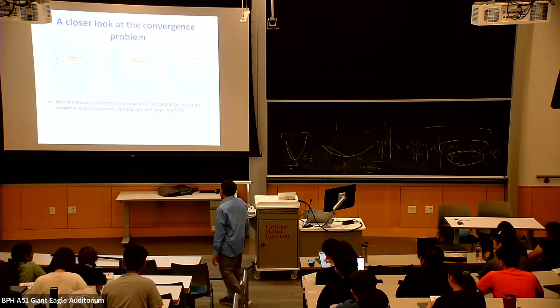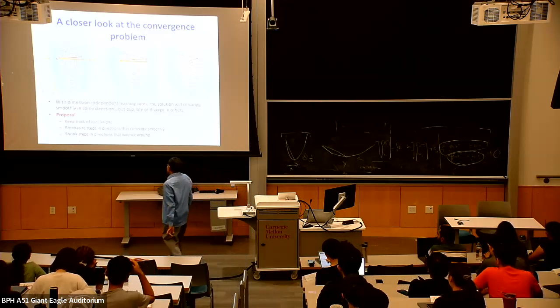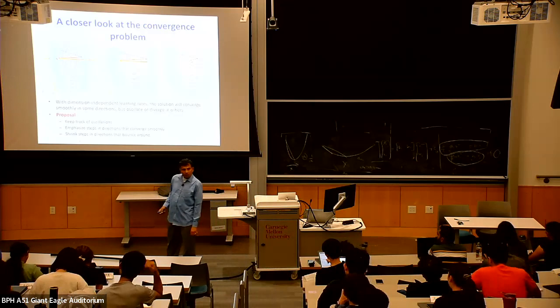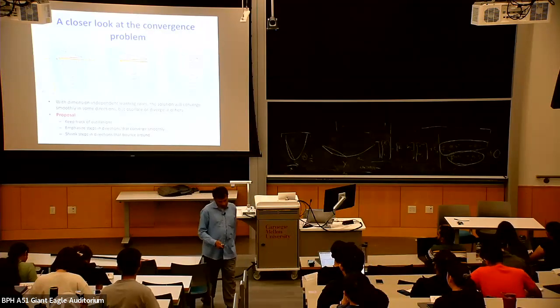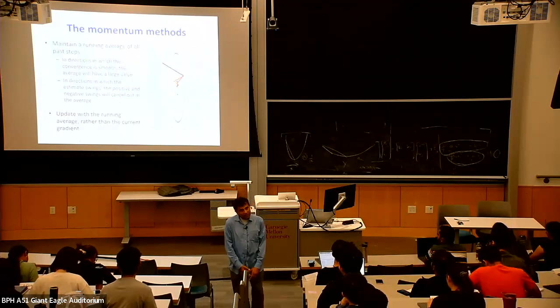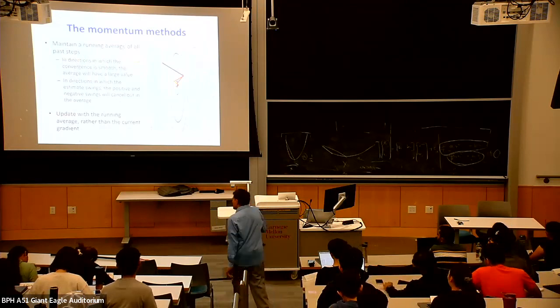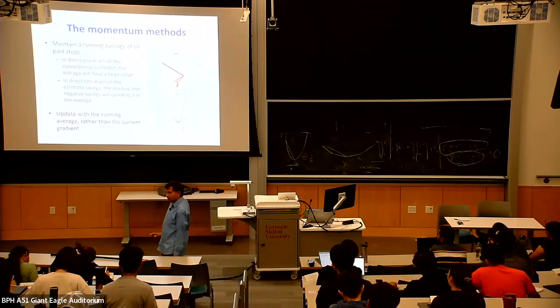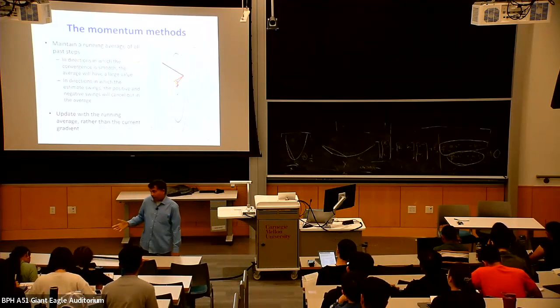So this gives rise to momentum methods. There are a couple of different momentum methods. We want to keep track of oscillations. You want to emphasize steps in directions that converge smoothly, and you want to reduce them in directions which oscillate. And the way we do it is by actually tracking the gradient. The gradient has a partial derivative along each component. Now this is just like Rprop, right?